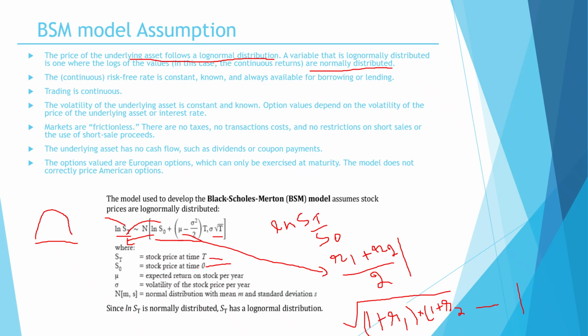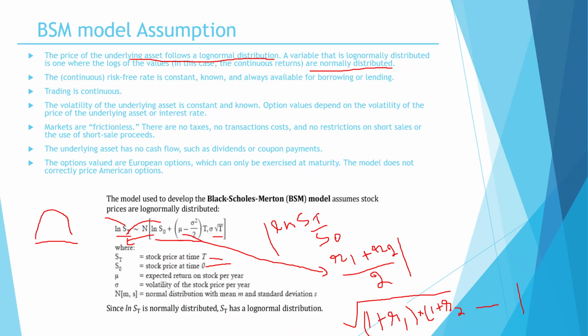So I can say that mu minus this adjustment is my geometric mean, and this mu is my arithmetic mean. So the log normal return, which is ln of St divided by S naught, has the expected return which is log normally distributed, and which is the geometric mean.